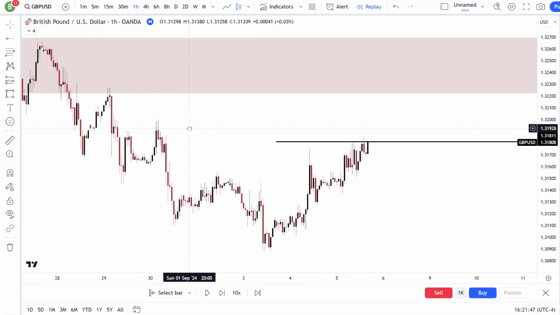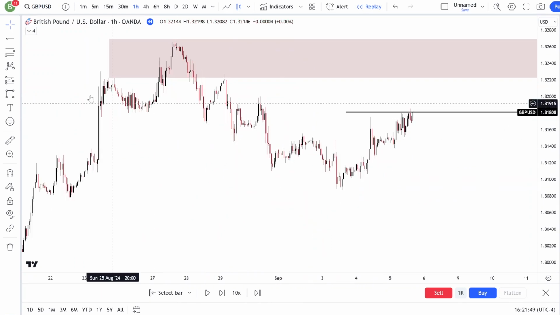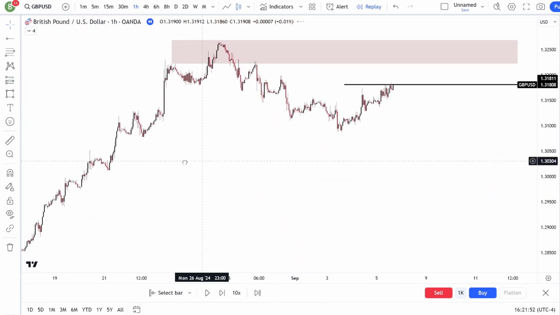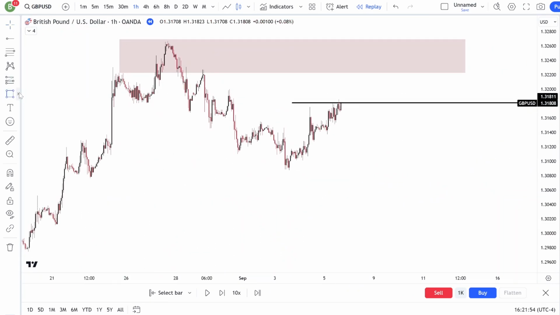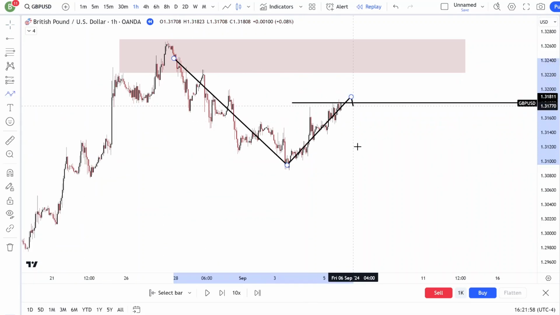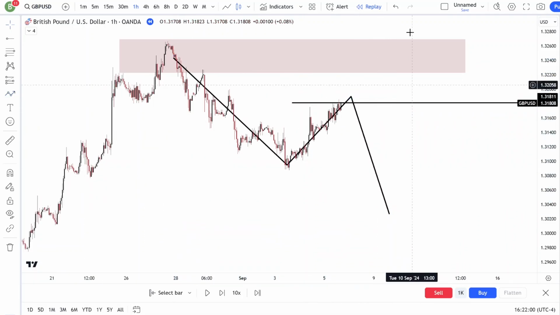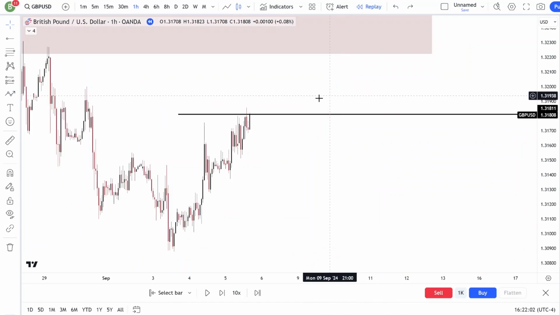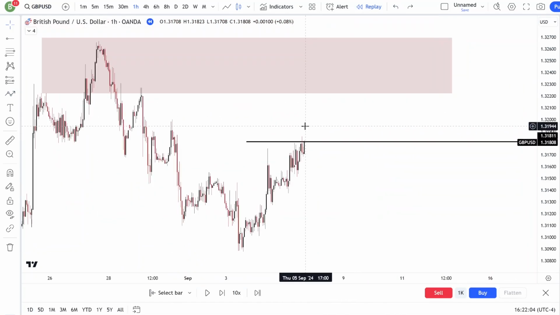And if we know that we are currently in a pullback, and we know the grand scheme of things is this is a retracement to continue bearish, we're looking for a bearish candle flip. So this could happen in this candle or the next candle, the candle after that, but we are looking for a candle flip.